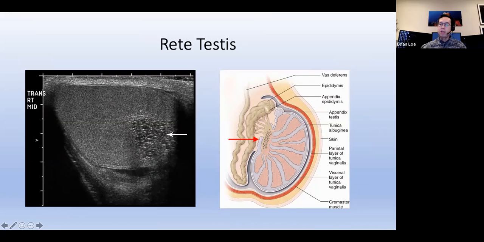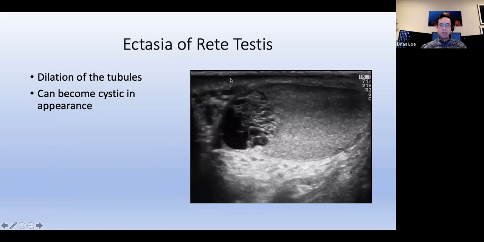In the setting of a prior vasectomy or prior infectious processes, sometimes the rete testis, these little ducts, can become distended and have an almost cystic ectasia appearance. So I probably have an example of that later, like right there. So the tubules get dilated, and you get these cystic changes.